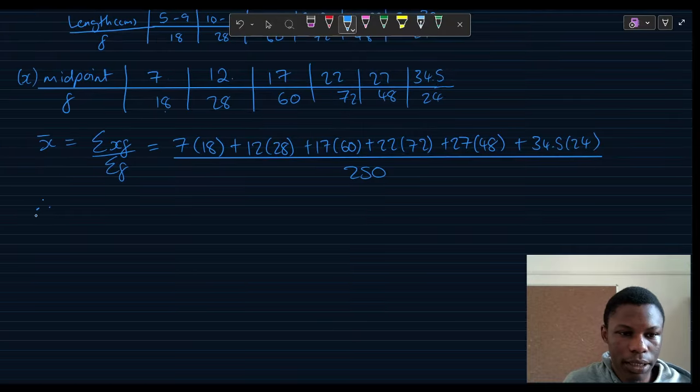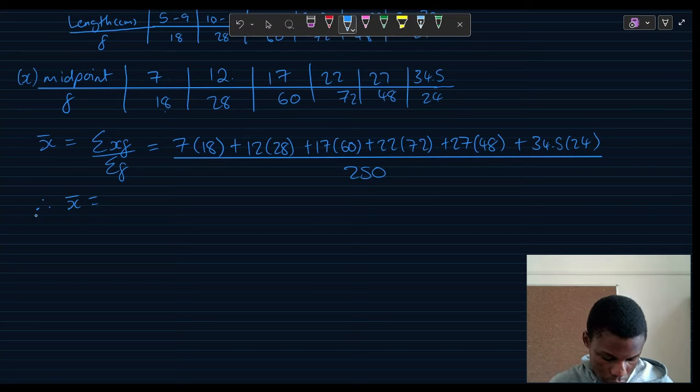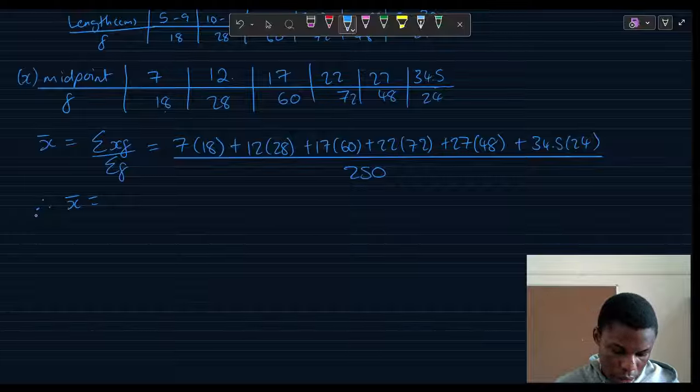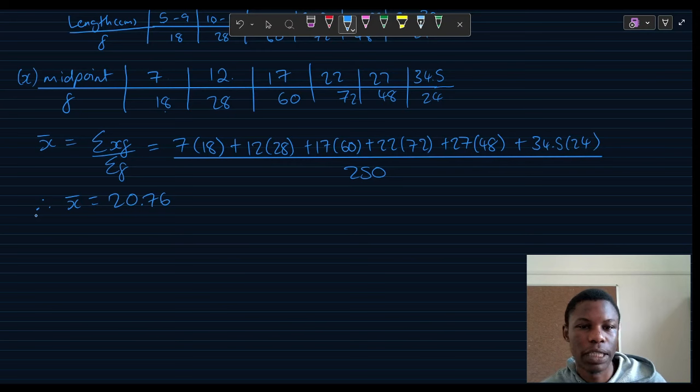Then punch this into the calculator. So I've got 7 times 18 plus 12 times 28 plus 17 times 60 plus 22 times 72 plus 27 times 48 plus 34.5 times 24. Divide all of this by 250. We have 20.76, and that is an estimate for the mean length of our 250 leaves.